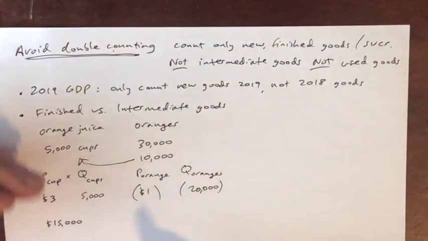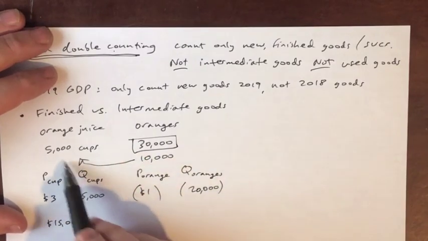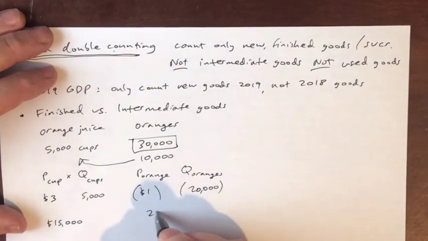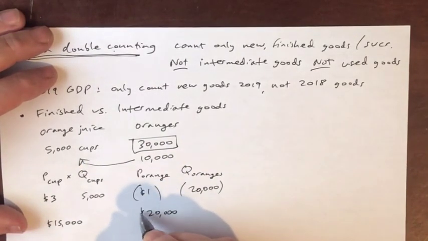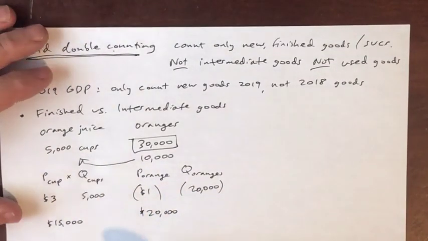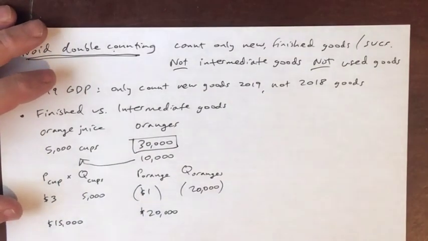So even though we know there's 30,000 oranges, some of them went into juice, and some of them were consumed as oranges. We have to divide that, so that we get a $20,000 figure here. In that way, we avoid double counting. So the value here, 15,000 plus 20,000, those are our two entries.